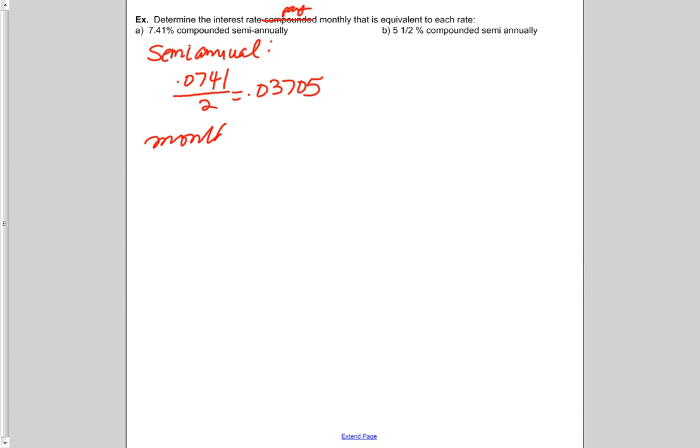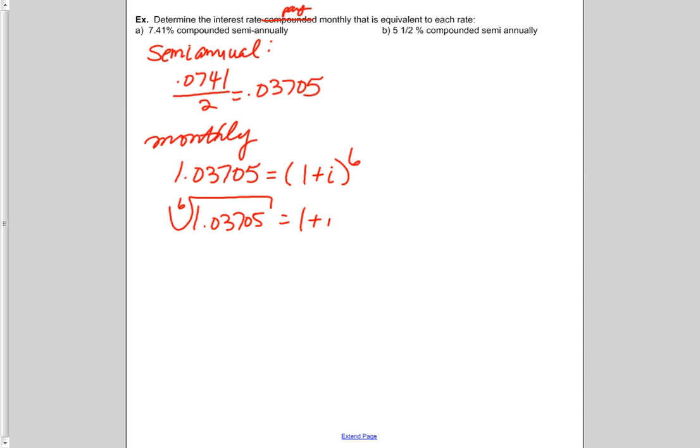To find the monthly rate, we're taking our semi-annual rate to the power of 6, because there are 6 months in a semi-annual period. We are going to take the sixth root of that, which is 0.0060817.